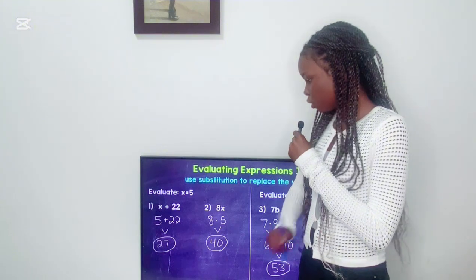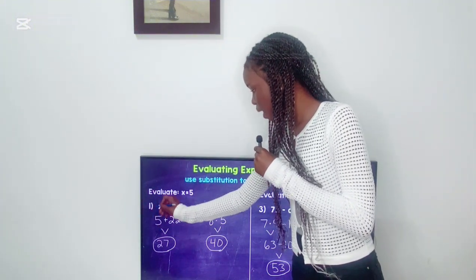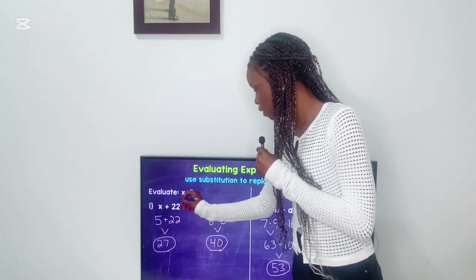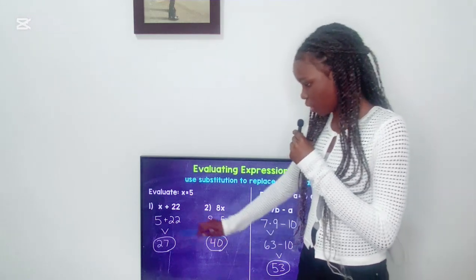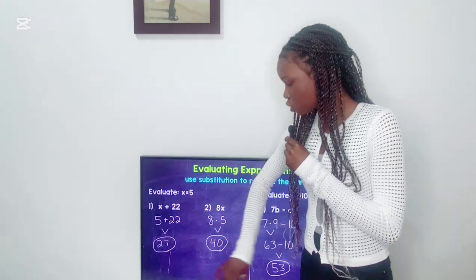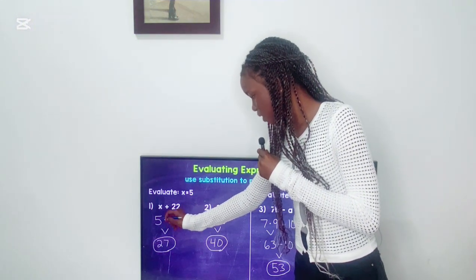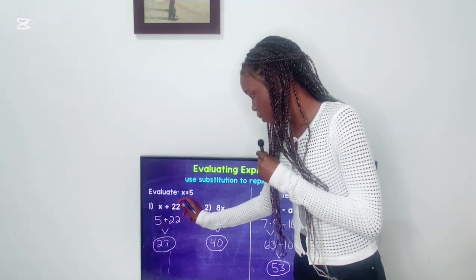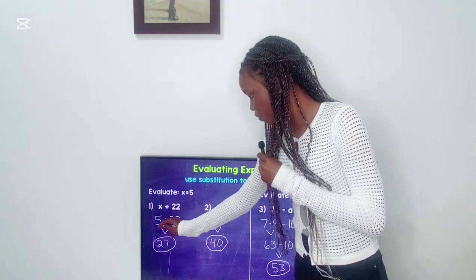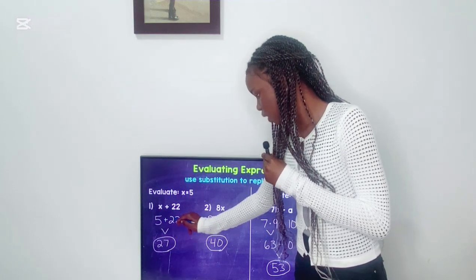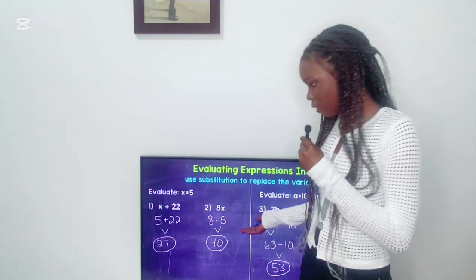Let's move over to number 1, which says x plus 22. What do we have here? Addition. Let's convert this into human language, like I often say. So 5, because remember, x is equal to 5, so we have 5 plus 22. Addition, pretty simple.